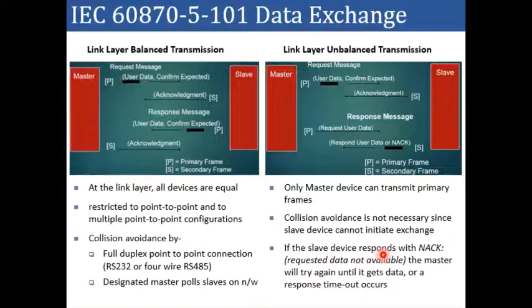If the device responds NSEK, that is requested data is not available, then the master will try once again to send the request, in the form of a primary frame, until it gets the response or the request gets a timeout error.